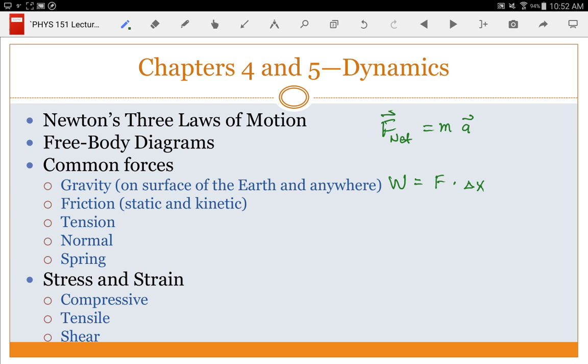Okay, there is an option. I can write this as equal to force parallel delta x. That is a correct equation. Or, what I was looking for, if I put vector signs over those two things, that changes the meaning of the dot. Instead of the dot meaning multiply, it now means multiply parallel parts.